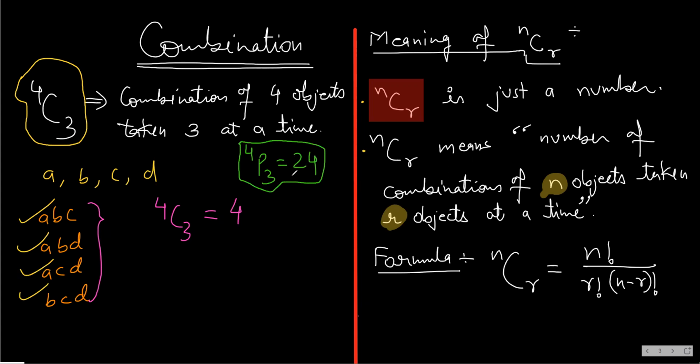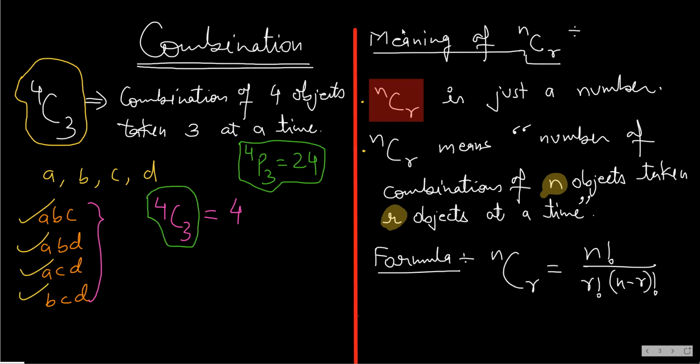See, the answer to the question of how it becomes 24 is hidden in 4C3. Why is 4P3 24? It is hidden in 4C3. See how?